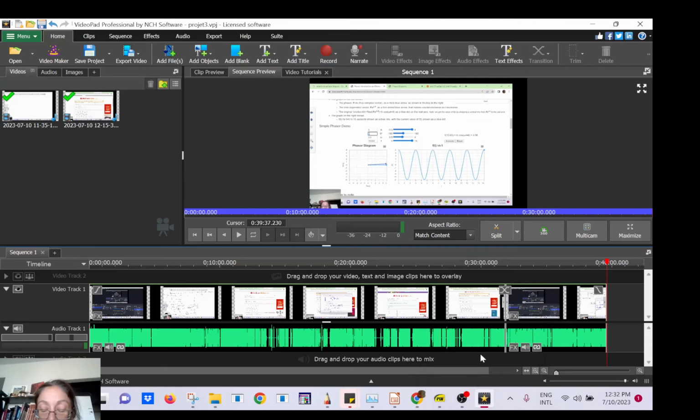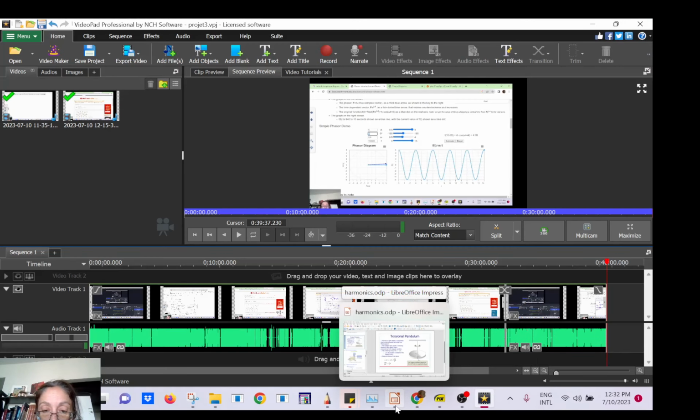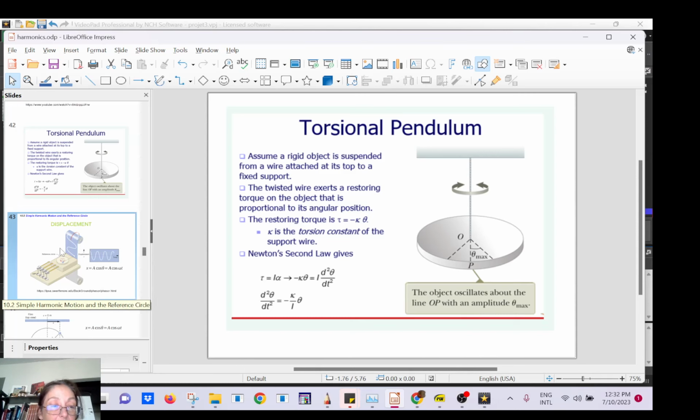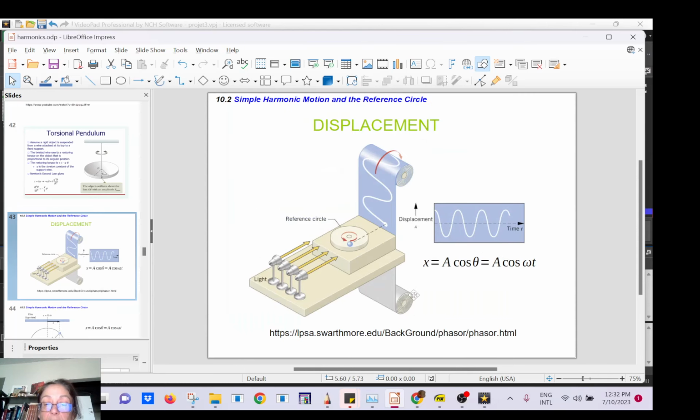Why is it relevant here? So here, I have this slide. That slide comes from the book Johnson and Cutnell Physics. You see that if you have an object going around a circle in a periodic fashion, imagine you have a light here, and you project that motion along a paper.